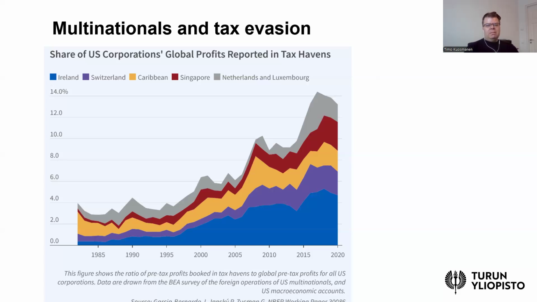And many multinational corporations, not only American firms but globally, have also exploited this possibility and report their profits in the countries where the tax rate for corporations is relatively low, if not outright zero. So this has also attracted a lot of attention by leading economists over the years.